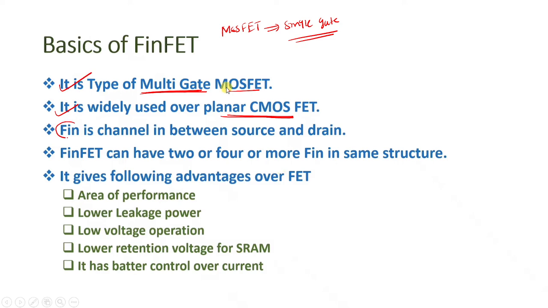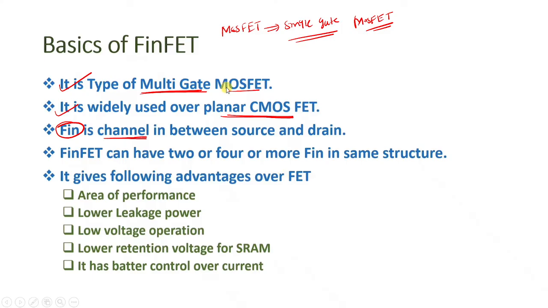Fin is nothing but the channel. We already saw in the MOSFET that the channel is formed between source and drain. In the enhancement MOSFET, the channel is not there, so we need to induce the channel by applying gate to source voltage.